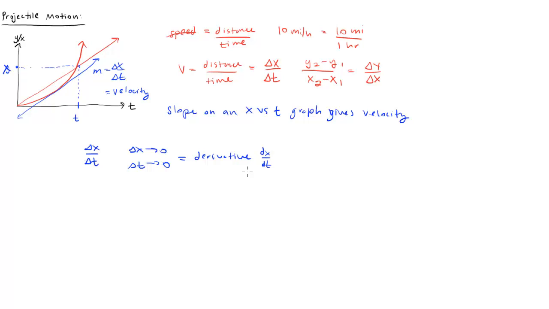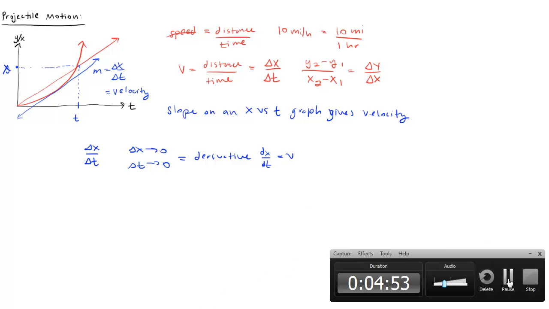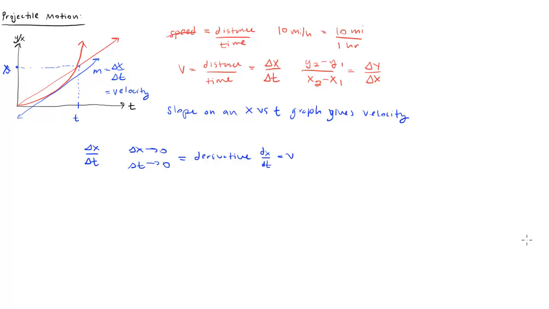Okay? So dx/dt equals v, the velocity. The derivative of x with respect to t is the velocity. And so we're going to keep this in mind. All right.